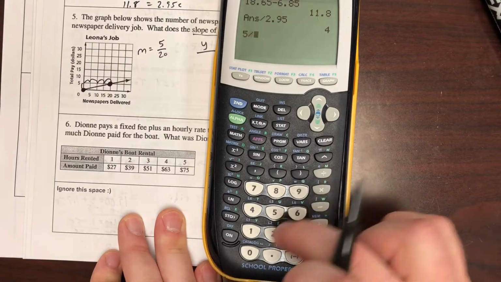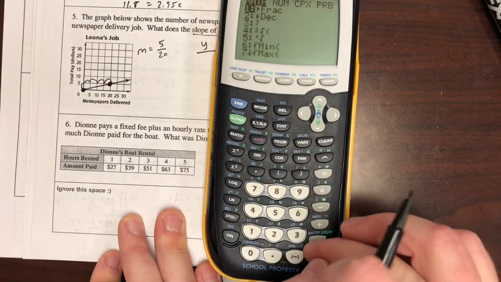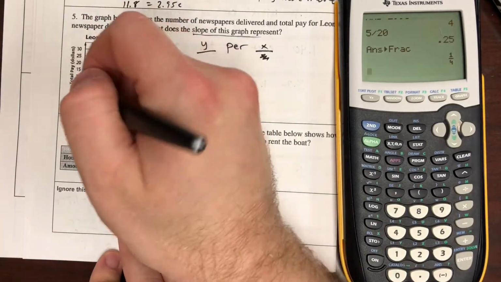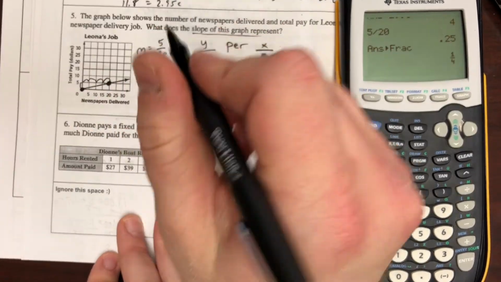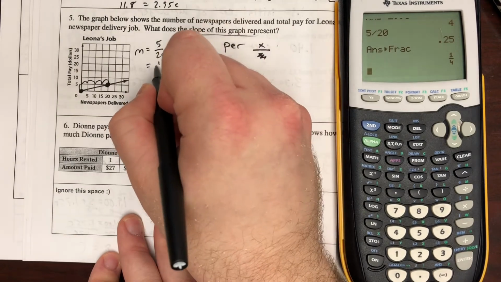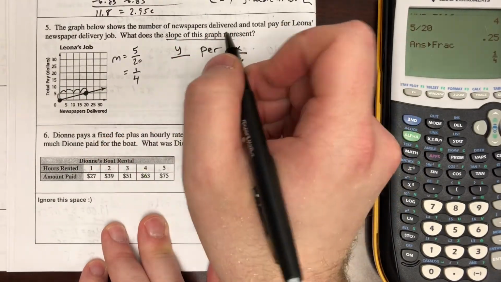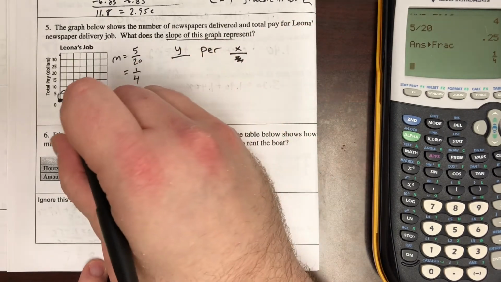So in this case, 5 over 20 does simplify, and it turns out to be 1/4. But anytime we have different numbers on our scales, be careful about the numbers that we write there. So 1 y per 4 x. All right, what's the y? Dollars.